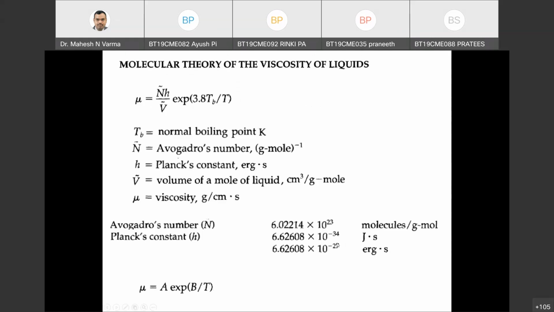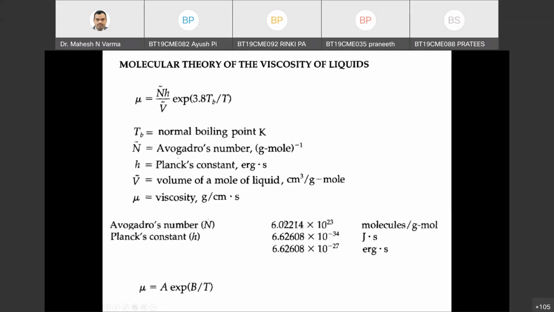Even though you can see there is an order of magnitude variation, if you make a mistake and think that Kelvin is an SI unit so I will use Planck's constant in joule per second, that will not be correct. So you need to use erg per second: 6.62608 into 10 raised to minus 27. And Avogadro's number is per gram mole.